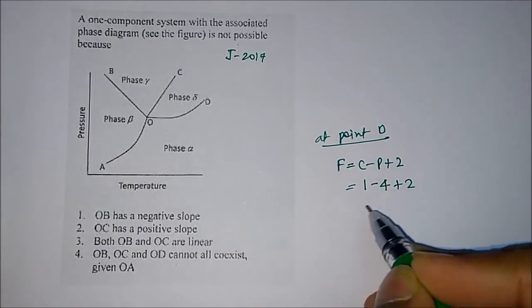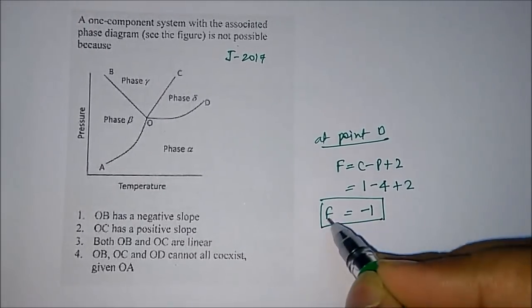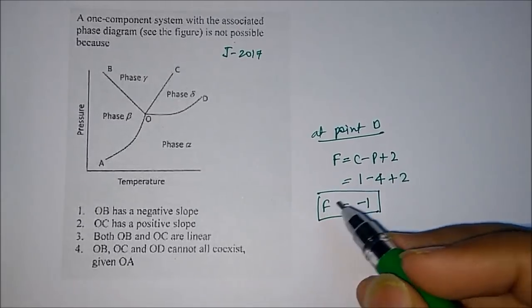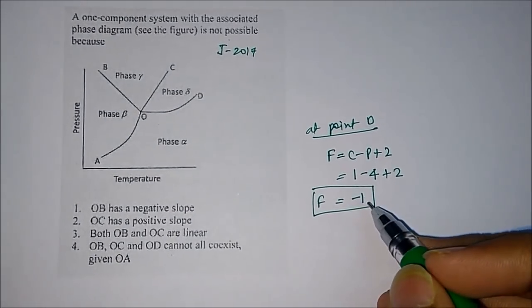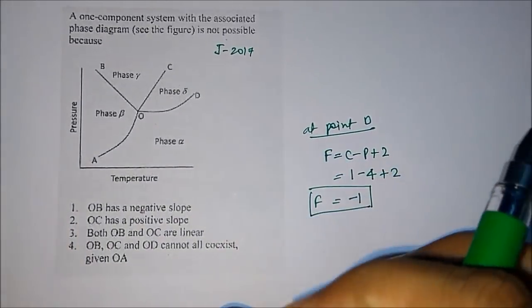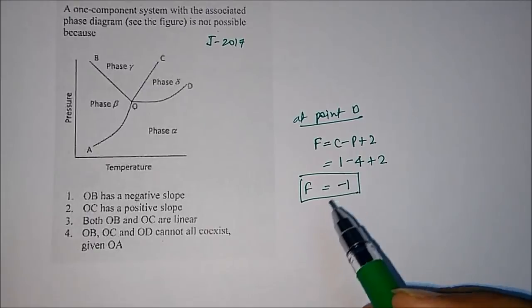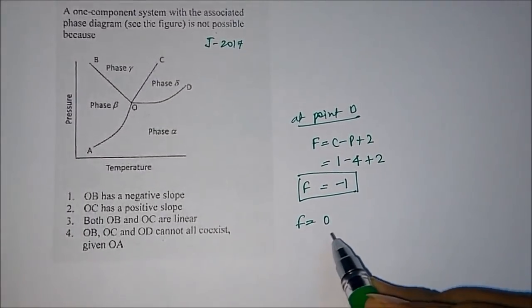Now F is the degree of freedom, which tells how many variables you need in order to specify the system. So F can be 0, 1, 2, 3, or any value.